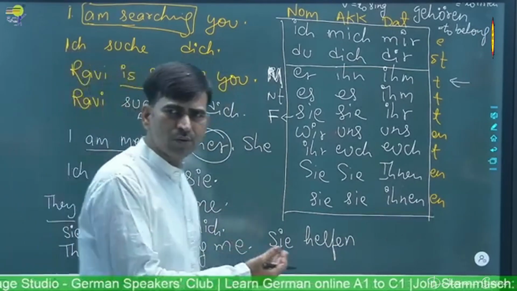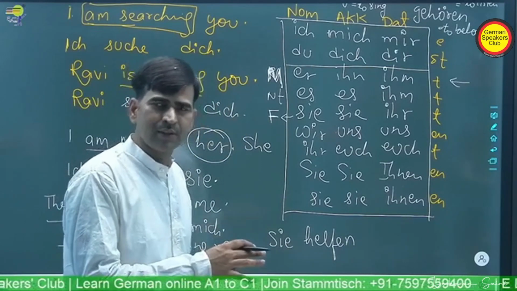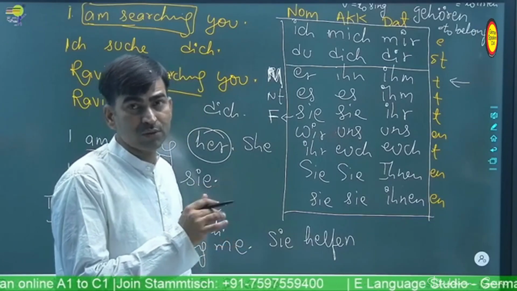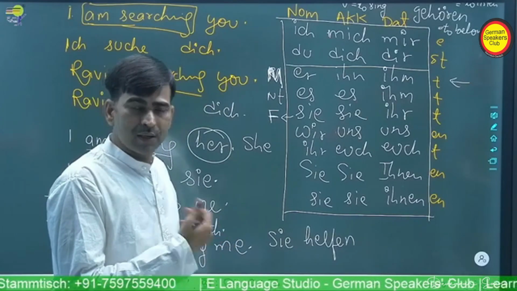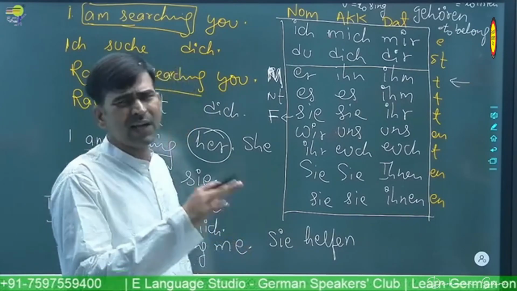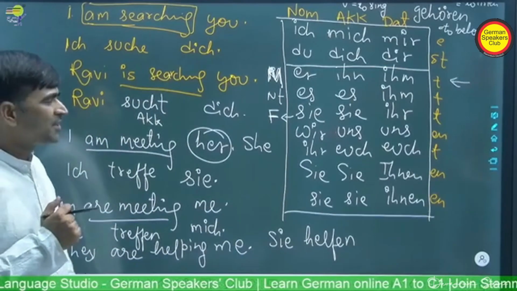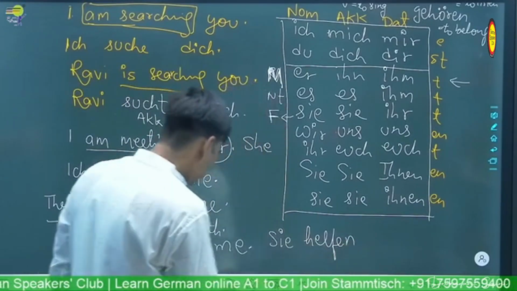Right? Is that okay? Instead of meeting, I say they are helping me. If I put "mich", you will get, they are helping me. So what would the sentence be? It would be "mich" or "mir", think once. So we will write Sie helfen mir.